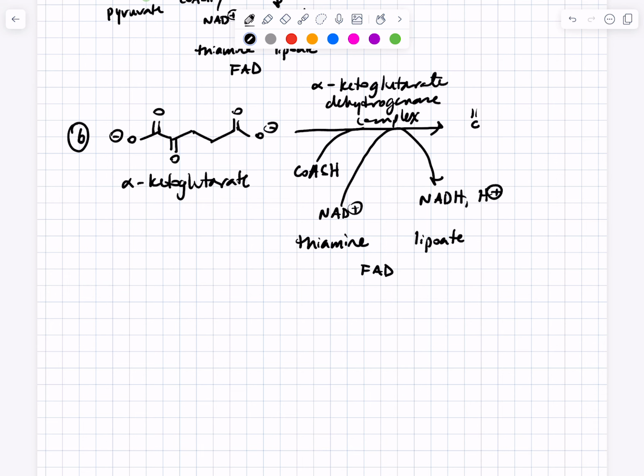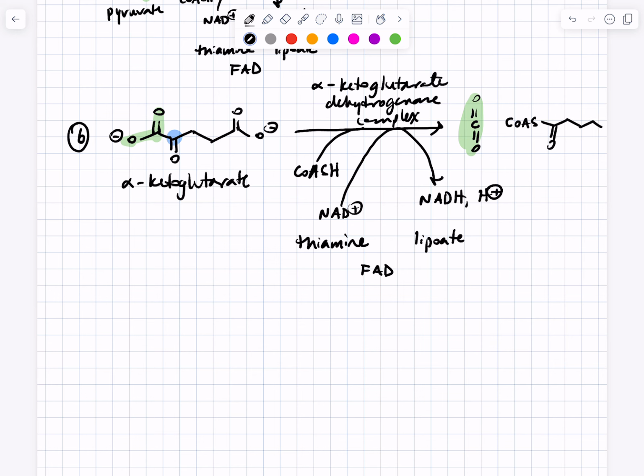When you're done, the green carbons on alpha ketoglutarate are coming off as CO2, and then the blue carbon on alpha ketoglutarate is going to get oxidized to the thioester oxidation state.